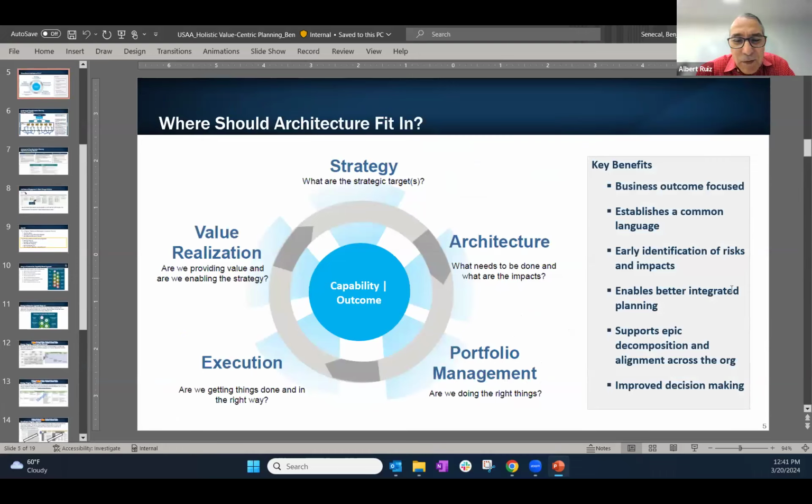There's a lot of lessons learned from different people that have different perspectives in our sessions, and a lot gained from the intercommunication between all these complex pieces of the organization. One thing that resonates well is this impact analysis that we can do to say if a change initiative is occurring, how does it change the ecosystem or the business landscape? So we can identify those impacts, as Albert showed earlier.